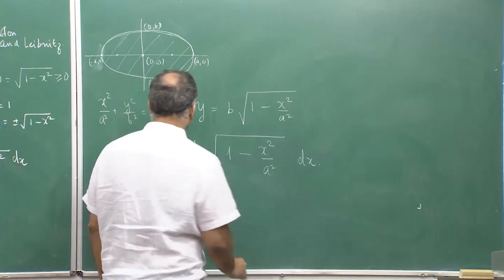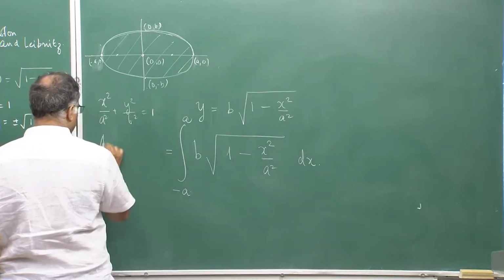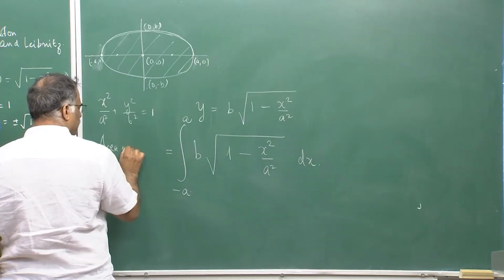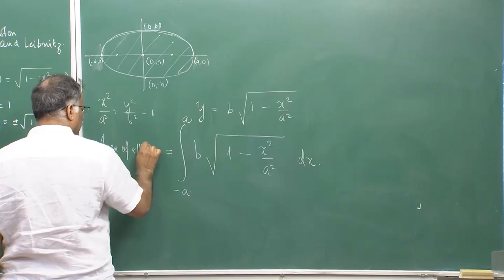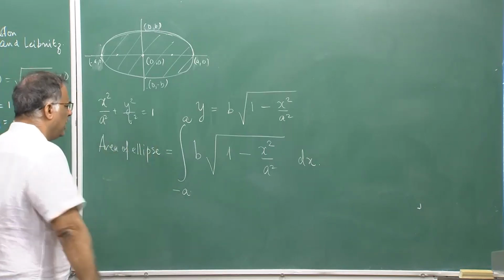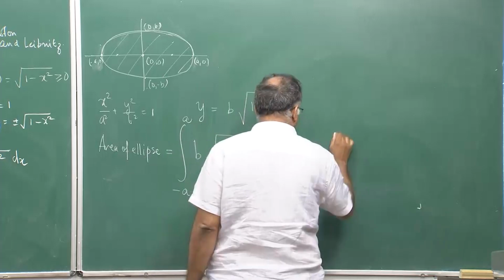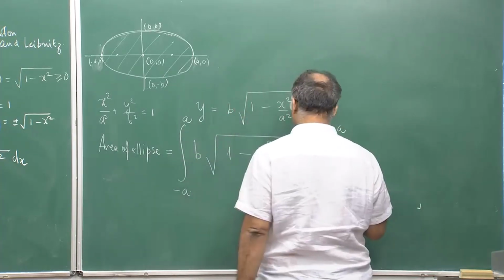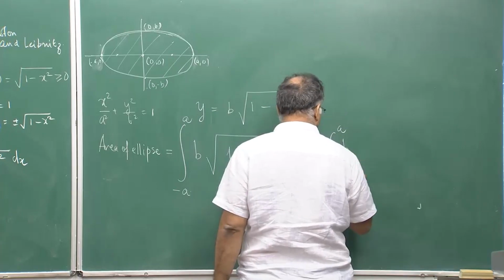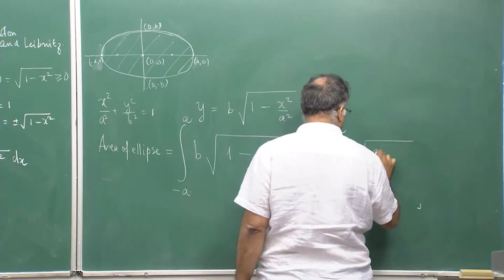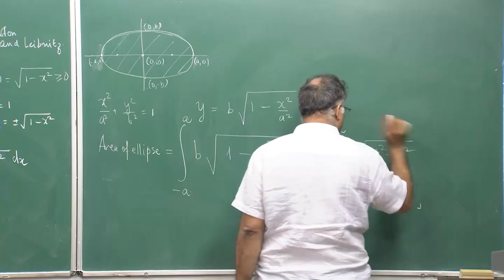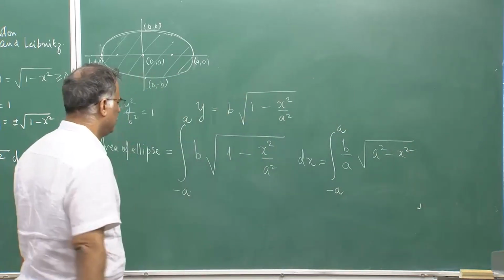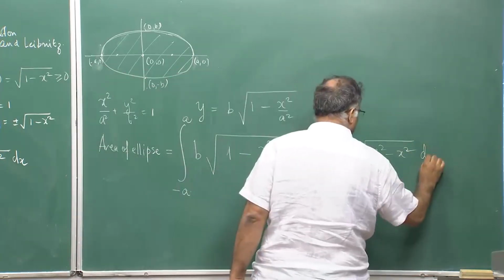So this is my area of the ellipse, and what is this? This is nothing but integral from minus a to plus a, b by a into root over a square minus x square dx, of course.